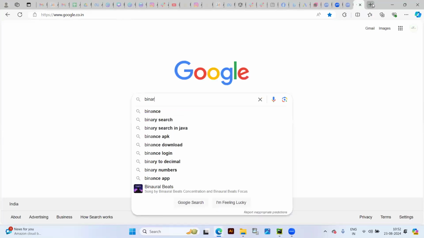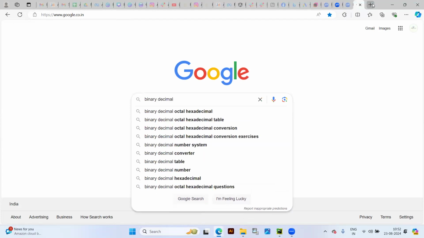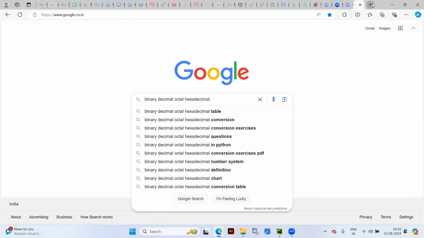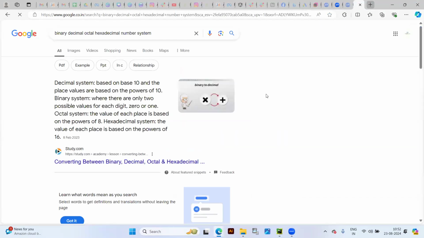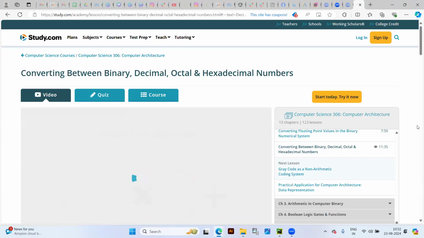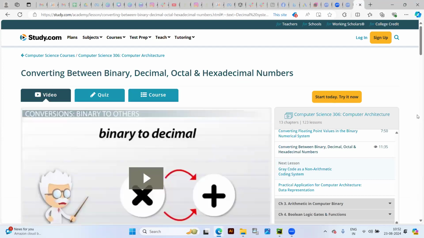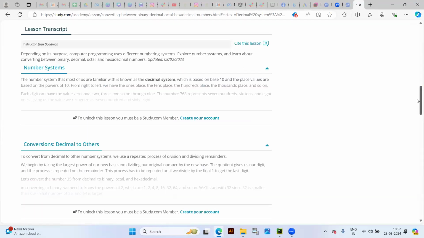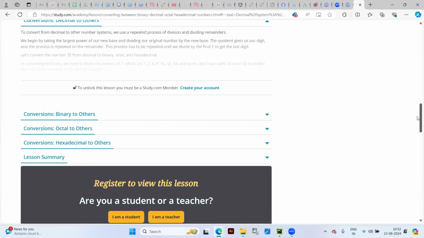So binary, decimal, octal, hexadecimal, the number system. It's a completely mathematical approach. How to convert binary to decimal, all this.